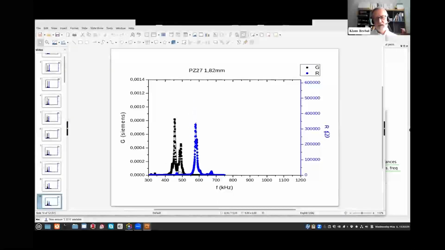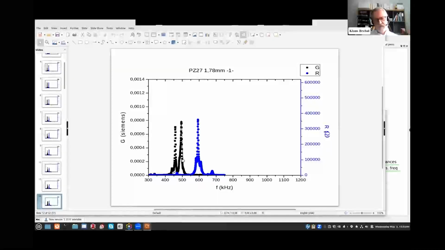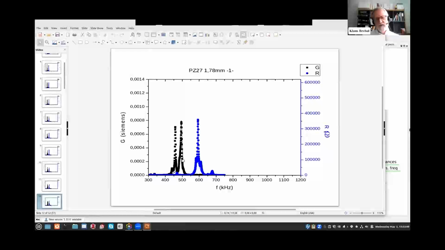And as now we have a thickness of 1.82, suddenly this resonance breaks up in 2 resonances. And the assumption that we have both in the resonance method and in the Alemanni is that we only have one resonance condition. So this is poison for the accuracy in our parameter extraction.